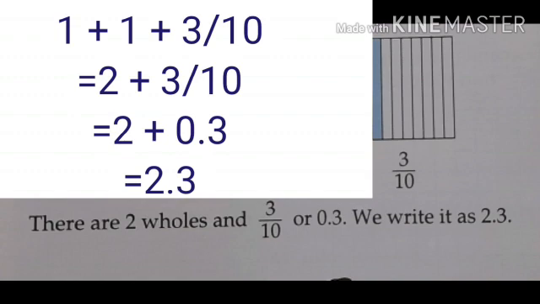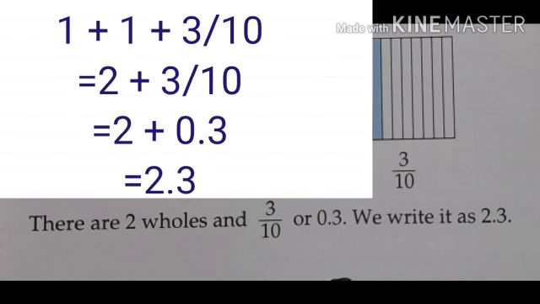So, finally, we can see there are 2 complete squares. We can write it as 1 plus 1, and the third square is divided into 10 equal parts, out of which 3 parts are shaded. So, we can represent it as 3 by 10.